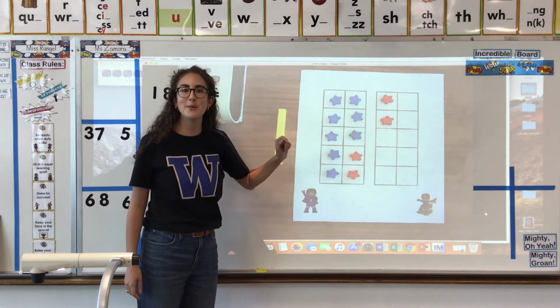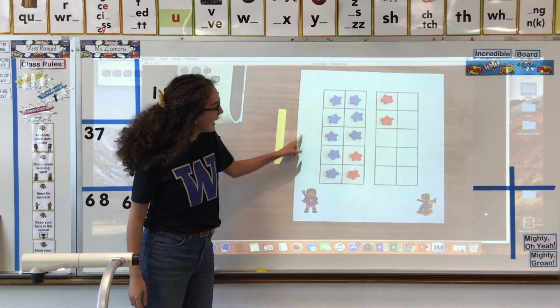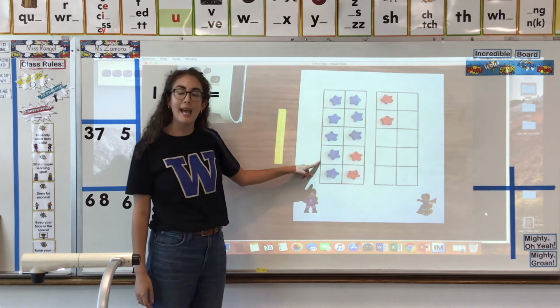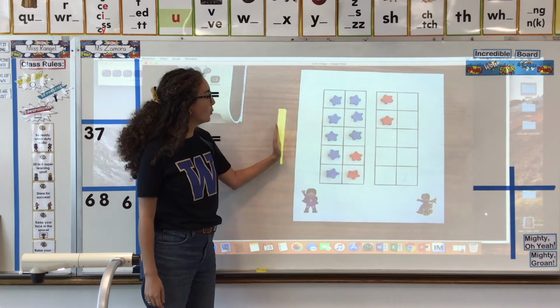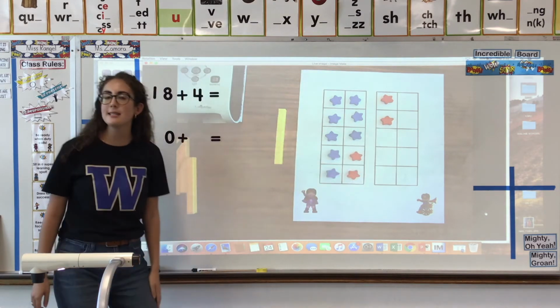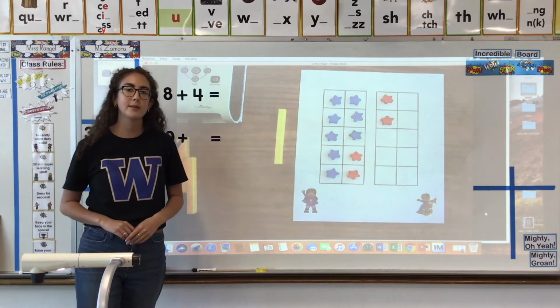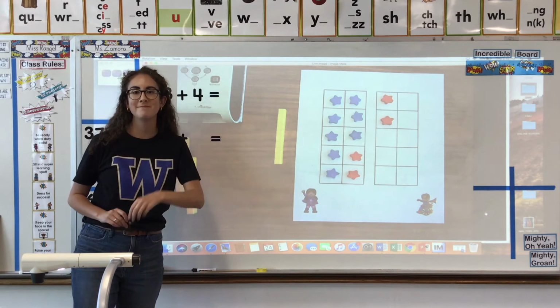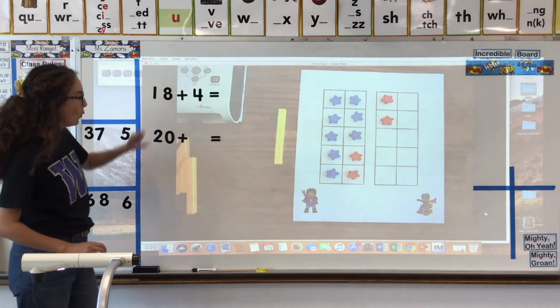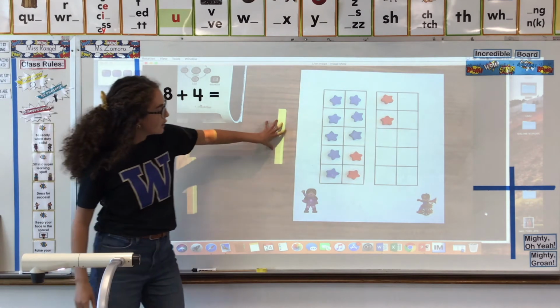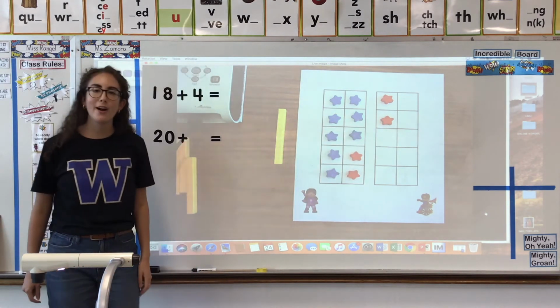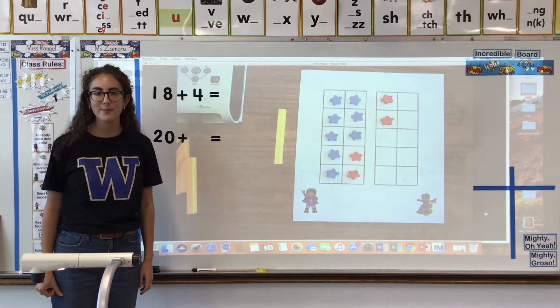We have 2 10s, our stick and our completed 10 frame. So 2 10s is what number? It's 20. We have 20 right here on our 10 frame.